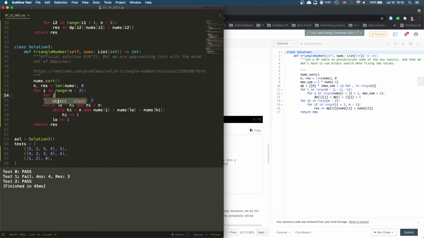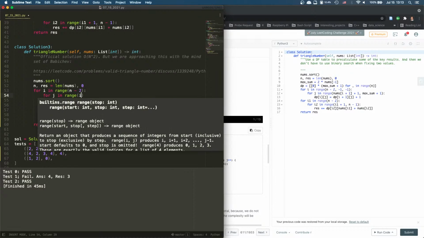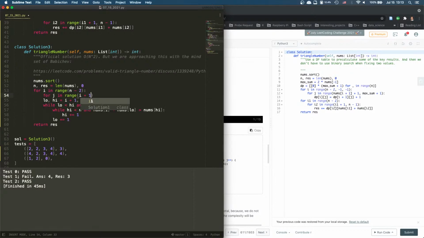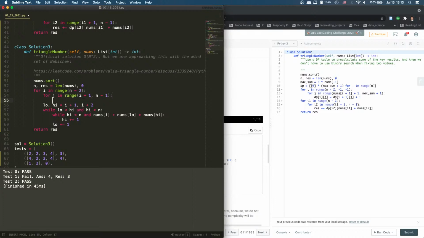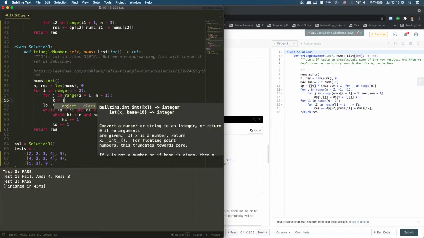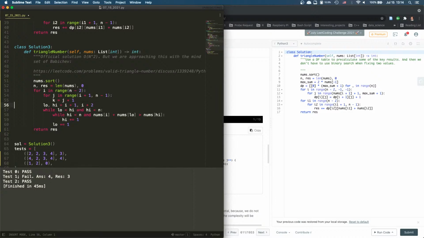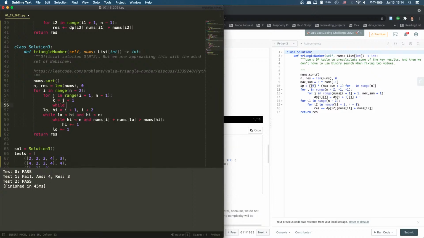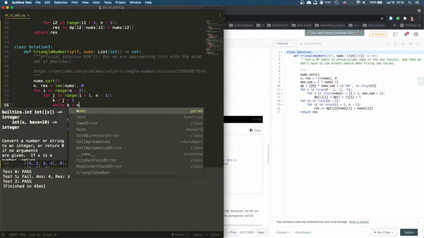So we're going to say for j in range i plus 1 to n minus 1, right? And then k, yeah, let's just say k is equal to j plus 1, right? And we say while k is smaller than n, yeah, it's the official solution.